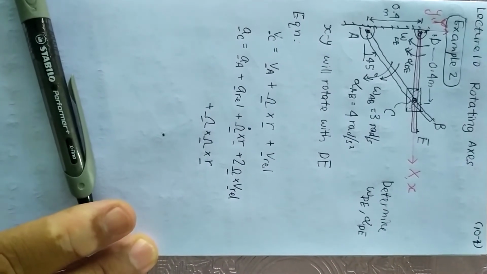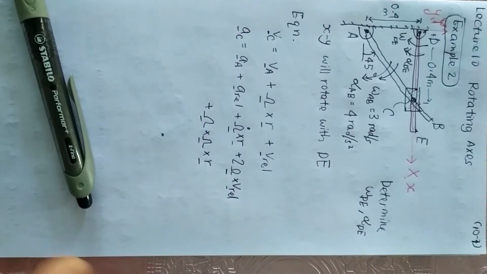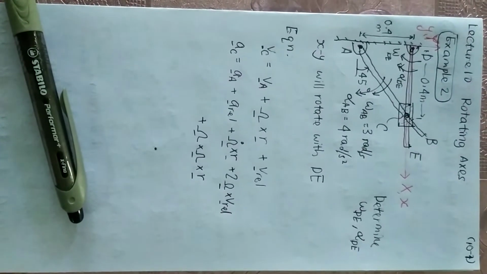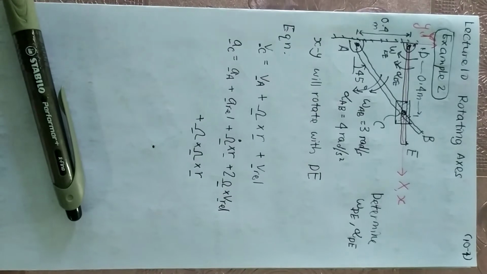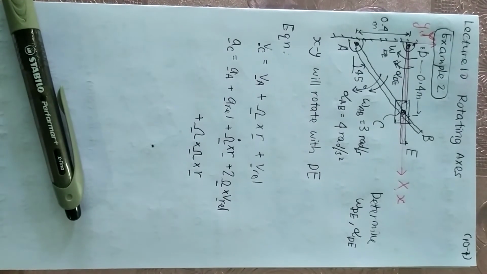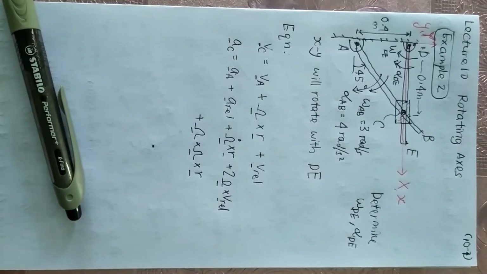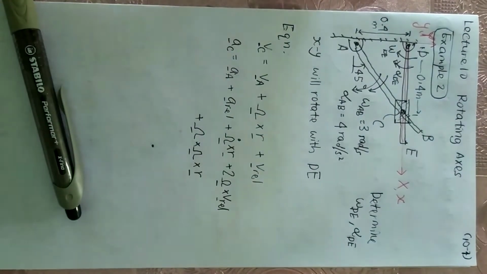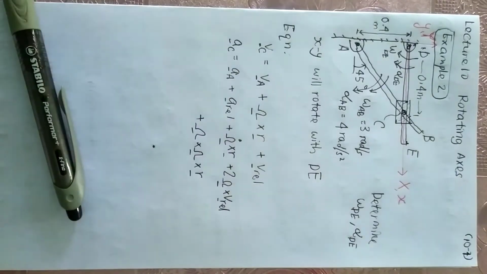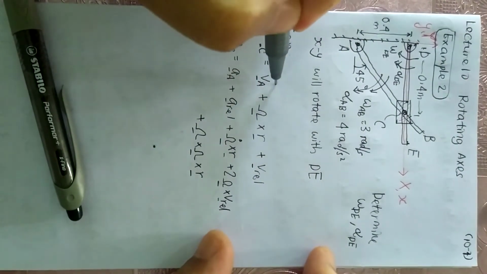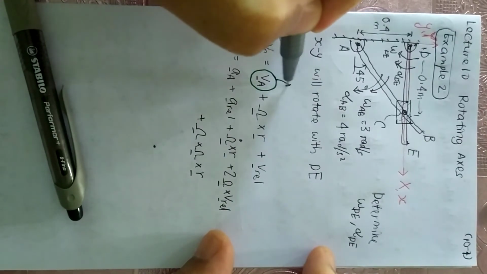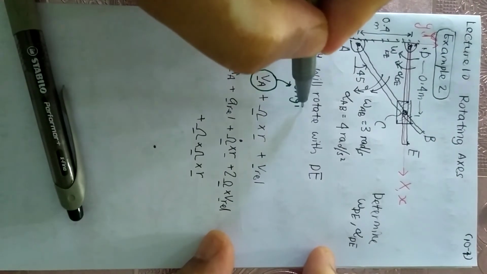So we need to know how these things are connected or related to each other. I will try to link them with you. VA is the speed of the origin of xy.